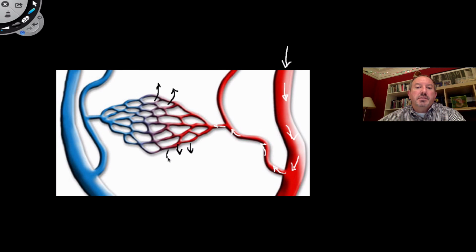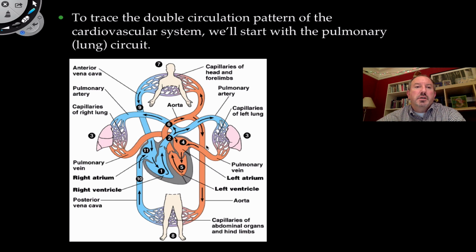Oxygen is going to diffuse into the tissues where it really needs it. Carbon dioxide is going to get picked up here. Notice the blood is not as bright red because it doesn't have all that oxygen. And now it's heading back toward the heart, in a venule over here and then up like this toward the heart in a vein.